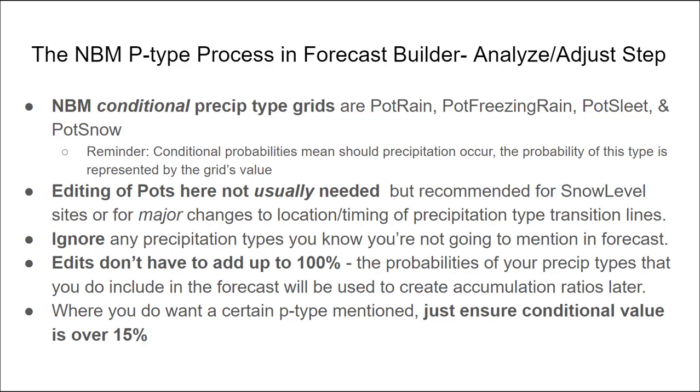For example, if the NBM is forecasting a 30% chance of pot freezing rain and you know that you're not going to mention freezing rain in the forecast, you can just ignore it here. If you do make edits to the probabilities in this step, you also don't have to ensure that they add up to 100% anymore. The only thing that you really do need to ensure is that the probability of the precipitation types that you do want to mention in the forecast are greater than 15% in time and space of where you want to forecast them.